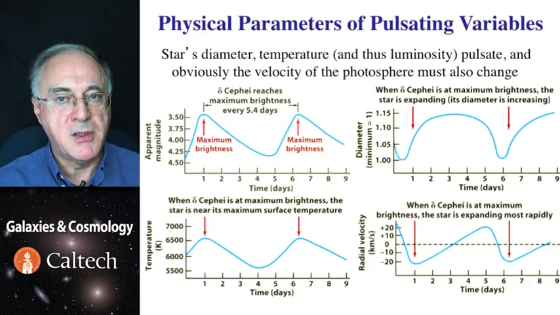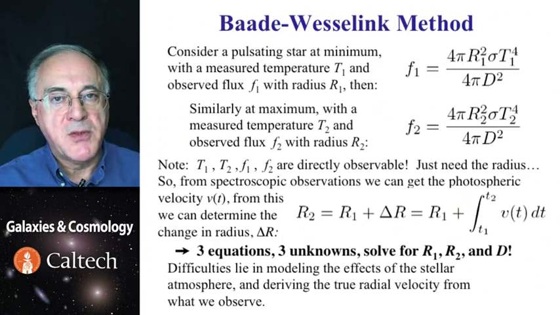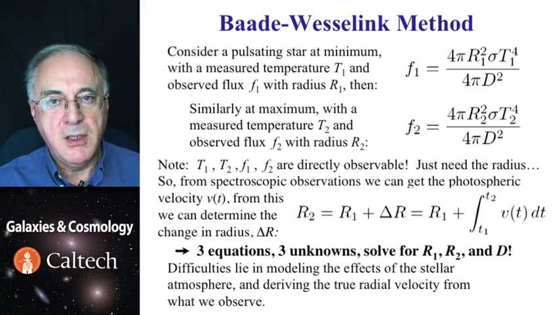We can measure velocity of the pulsating photosphere using spectroscopy, and we can measure changes in the apparent brightness. This forms the basis of the so-called Baade-Wesselink method. If the pulsating stars were perfect black bodies, this would be an excellent, pure physics-based method to determine distances to them. Unfortunately, real stars are not perfect black bodies.